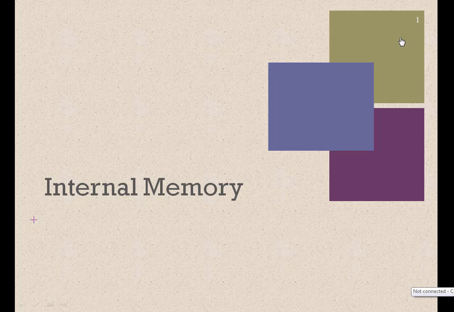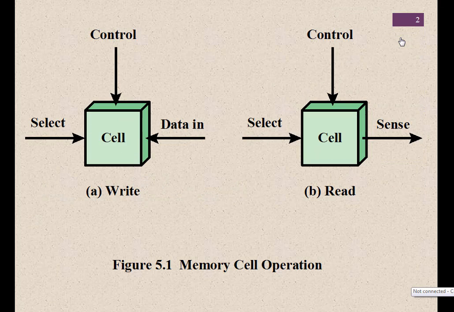Now we will discuss the internal memories of a processor and how they work. In this figure, you see a cell, a unit of register in which data will be stored, and how it will be written, how it will be selected, how data will be controlled, how data will be read, how data will be removed, or how it will be sensed whether there is any data in the cell.